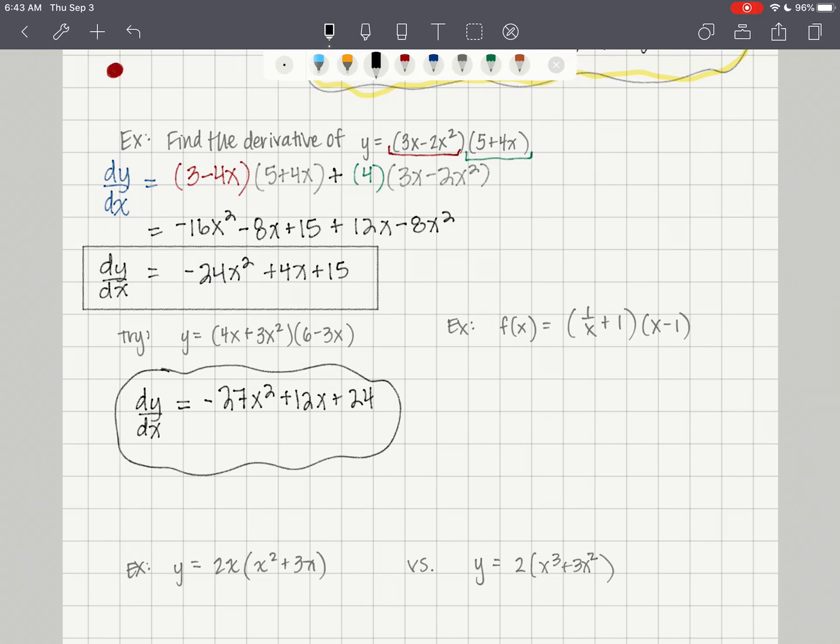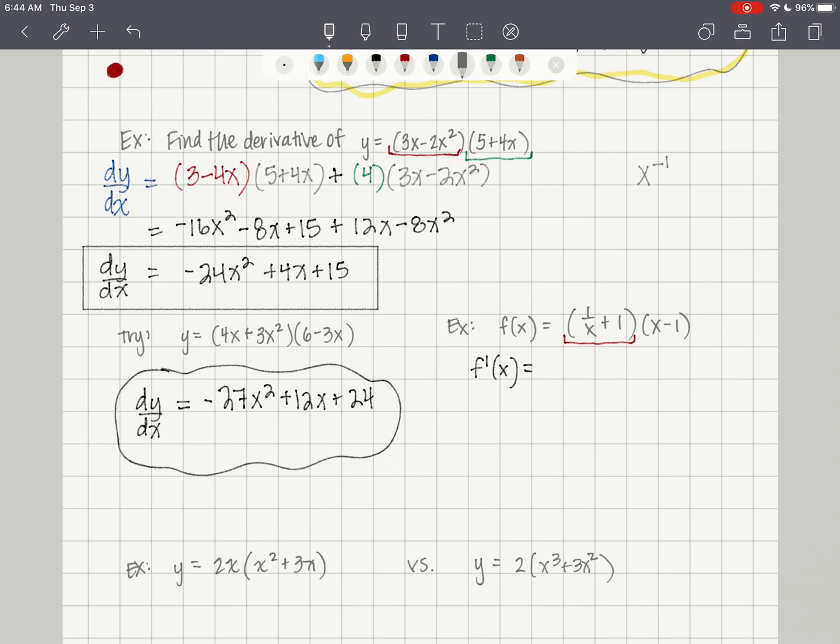Okay, let's try another one. This time one that's not as simple to FOIL out. So here we have f of x equals 1 over x plus 1 times the quantity x minus 1. F prime of x is going to equal, again, I have the derivative of the first. The derivative of the first, 1 over x, is the same thing as x to the negative 1.